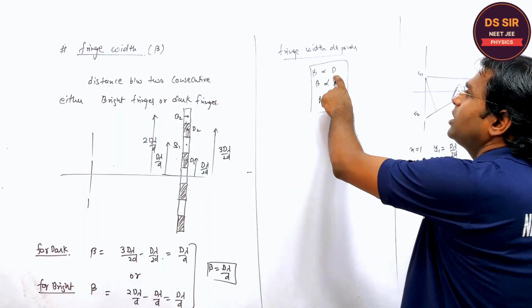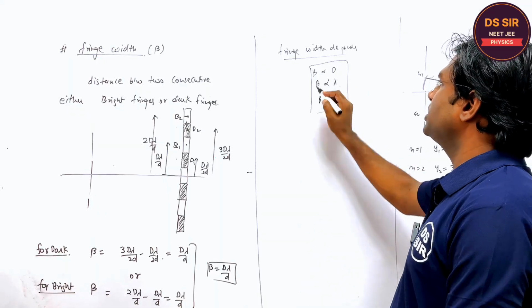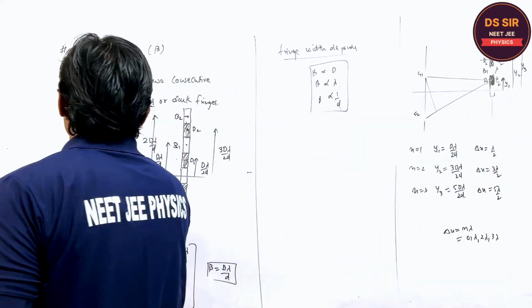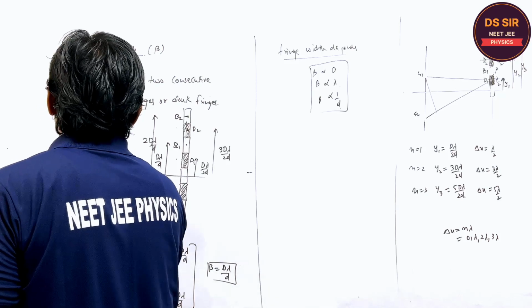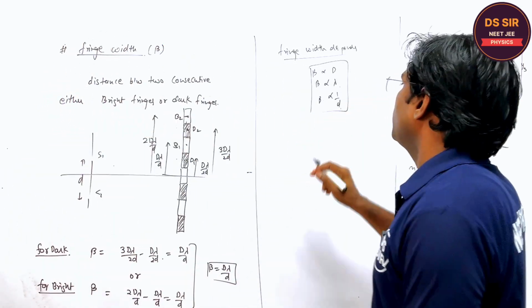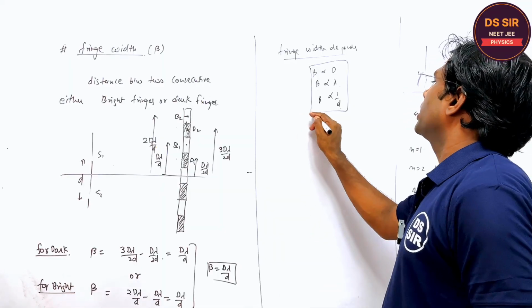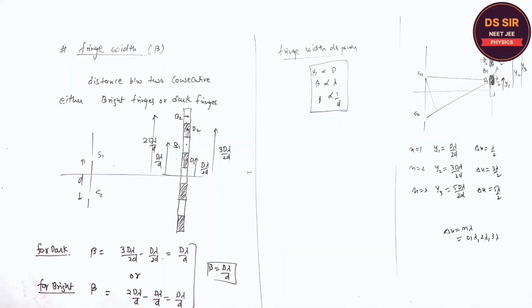As distance D is increased, beta is increased; as wavelength is increased, beta is increased. If the distance between the slits S1 and S2 is increased, then the fringe width will reduce. Are you getting or not? Copy this.